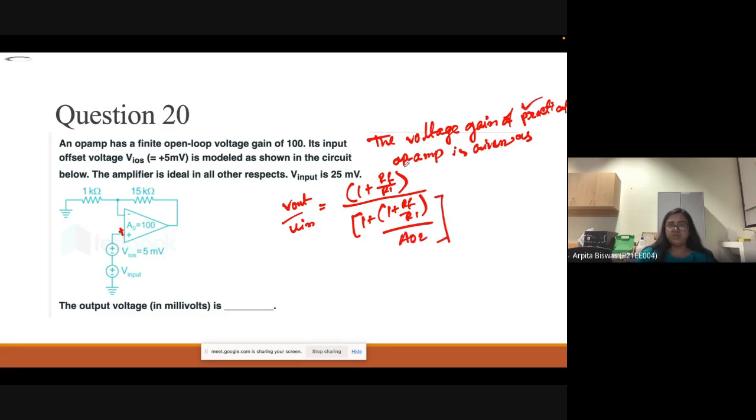If it is an ideal condition, in that case you can use V output by V input equal to 1 plus Rf by R1 if it is non-inverting. But for the practical purpose, you have to use 1 plus Rf by R1 divided by 1 plus (1 plus Rf by R1) by AOL. This is the open loop gain. Now you can calculate the value of V output. Tell me.